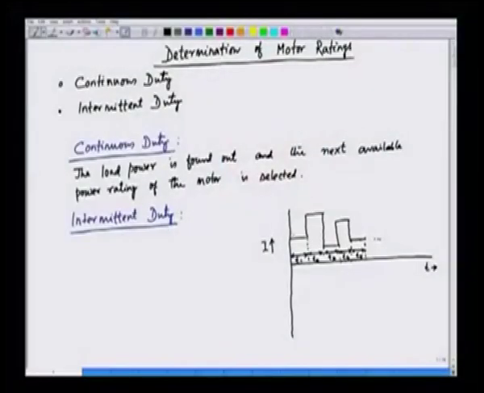We have I1 for the T1 interval, and I2 for interval T2, and this is I3 for interval T3, and I4 for interval T4, I5 for interval T5, and similarly we have IN for interval Tn.